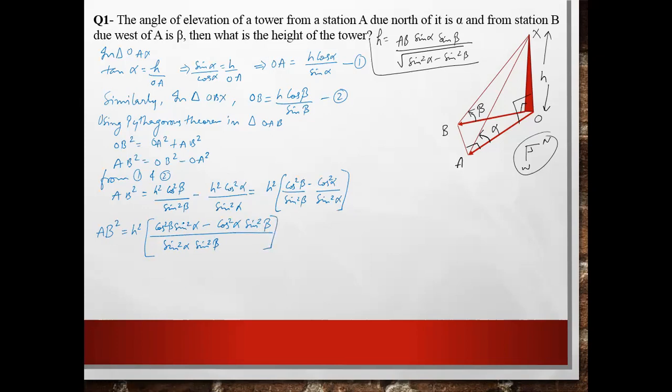Now, further expanding, see, my expression doesn't have any cos. So convert the cos into sine. h square, sine square alpha, I'll convert cos square beta into 1 minus sine square beta. Similarly, this sine square beta will be as it is, and I'll convert this cos square alpha into 1 minus sine square alpha.